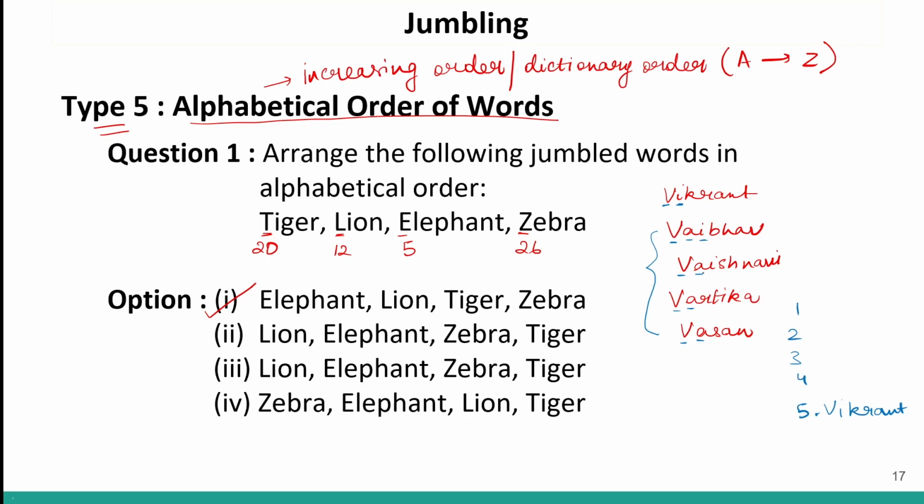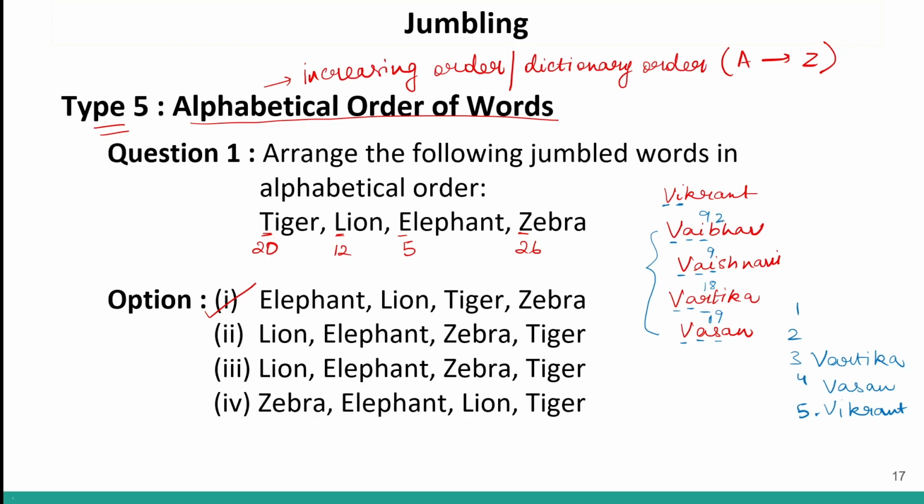Then we'll move one position forward. So here we have I, R and S. So I is 9, right? R is 18 and S is 19. This we know, right? Correct? Forward ranks. So 18 and 19 we know. So at third position we have Vartika and then we have Vasan. So this is fixed. Now I have to check between Vaibhav and Vaishnavi.